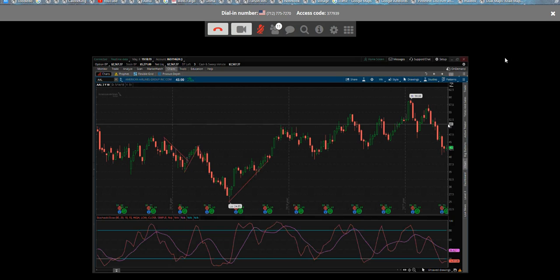All right. So we can do it in stocks, we can do it in commodities, we can do it in foreign currencies. It doesn't matter. These wave formations, I want you to start practicing identifying them and get in the habit of looking at them.